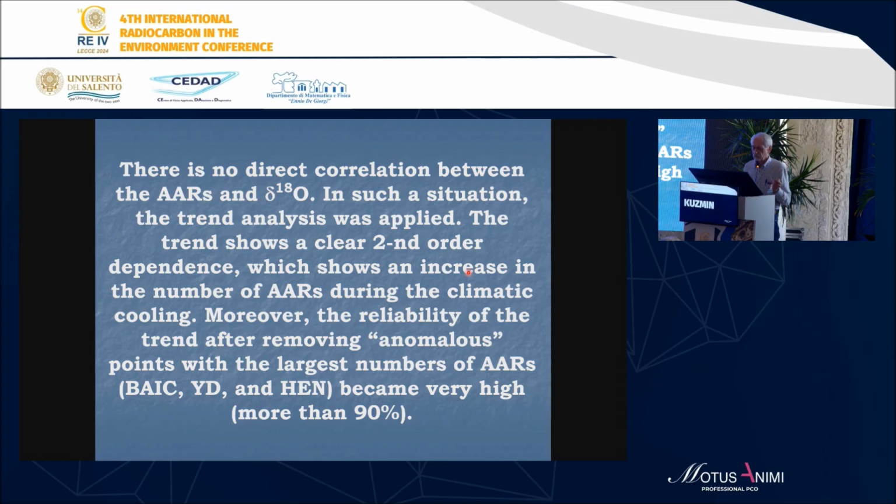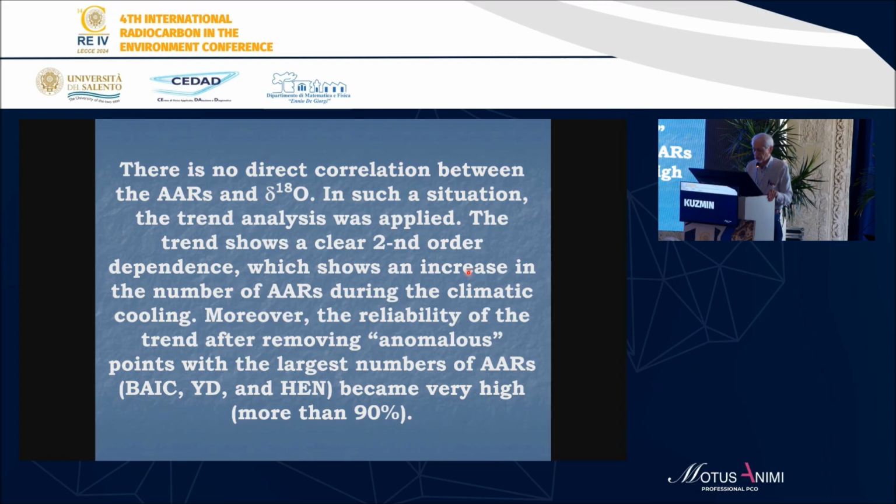Then we had some very high numbers of occurrences and tried to remove them, considering maybe they're anomalies. But when we got rid of them, it still doesn't change the picture much.